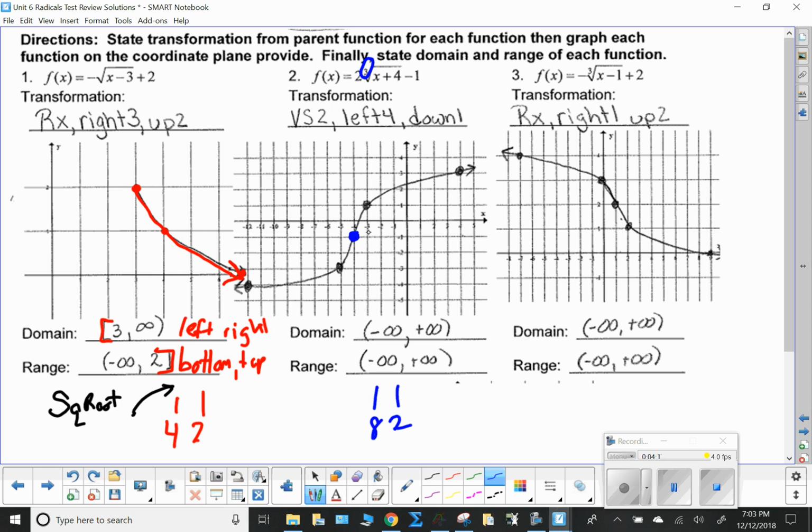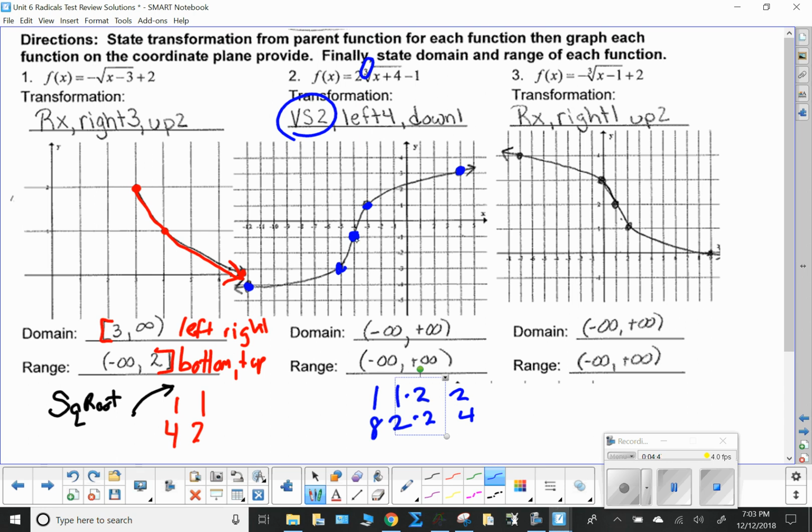Right 1, up 1. But wait, I've got a vertical stretch of 2, so I have to multiply my up and down by 2. So that means I'm going to go right 1, up 2, right 8, up 4. What I do on the right, I'm going to do opposite on the left. So I'm going to go left 1, down 2, left 8, down 4.